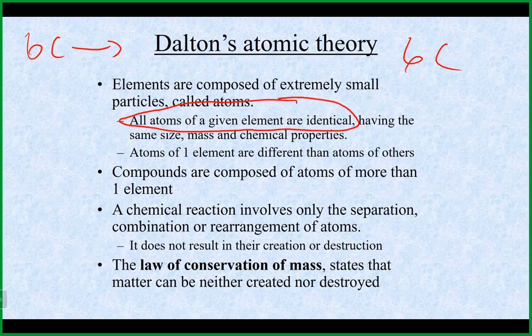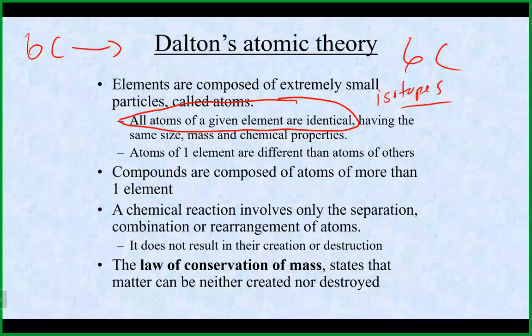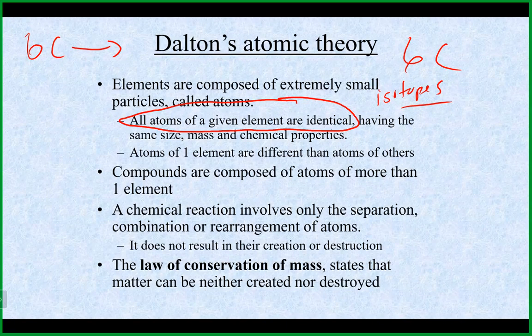So the existence of isotopes, as we'll talk about in this chapter, isotopes are the same element, but they have different masses. So clearly, if they're the same element, but they have different masses, they are not identical to each other. So the existence of isotopes disproved that. Also, the idea that Dalton had as well, that atoms are indestructible in a chemical reaction, that's true.